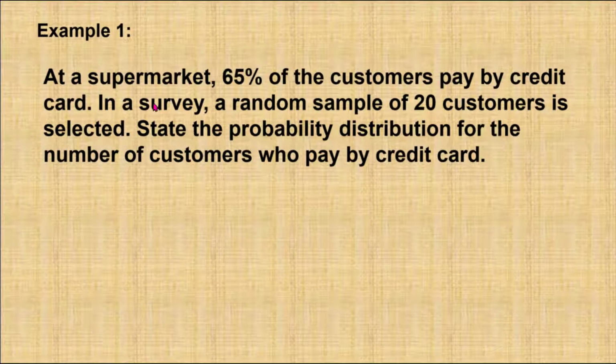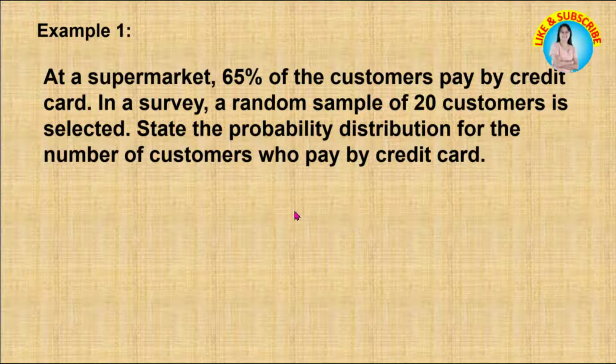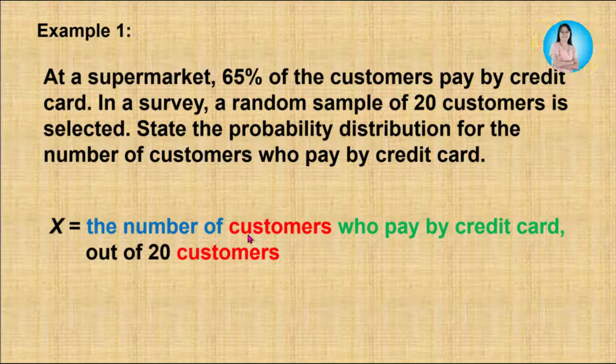Now let us look at this question. At a supermarket, 65% of the customers pay by credit card. In a survey, a random sample of 20 customers is selected. State the probability distribution for the number of customers who pay by credit card. For this question, X can be defined as the number of customers, with the success criteria being those who pay by credit card, out of 20 customers.